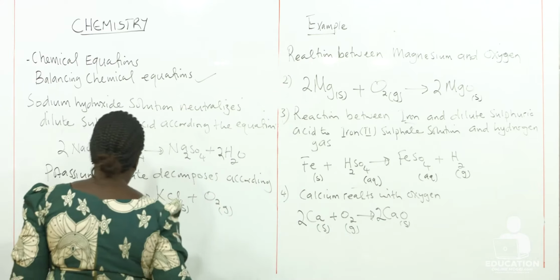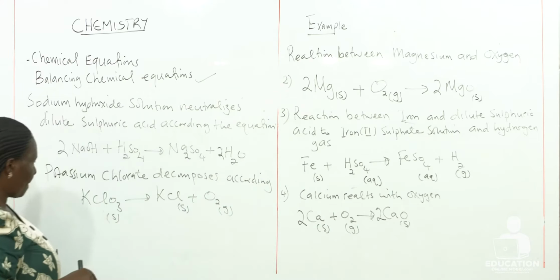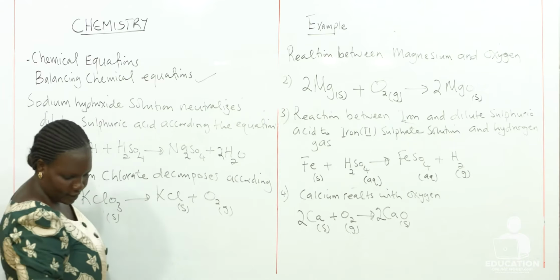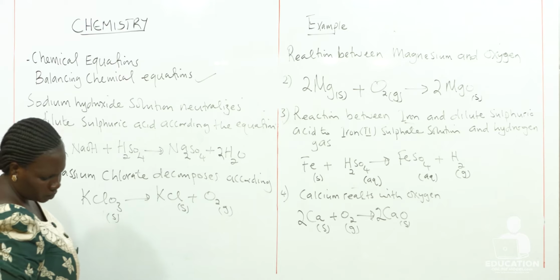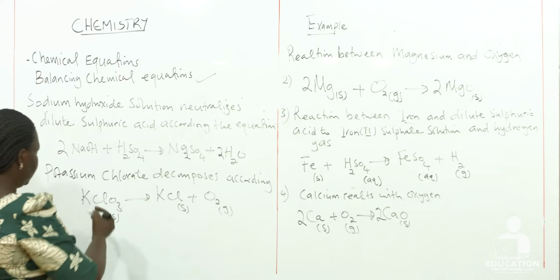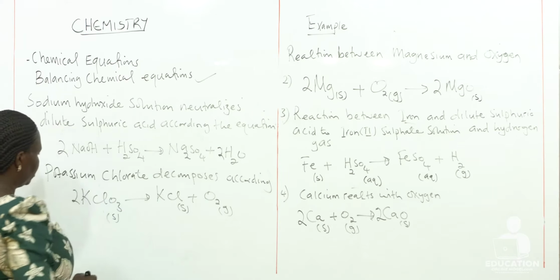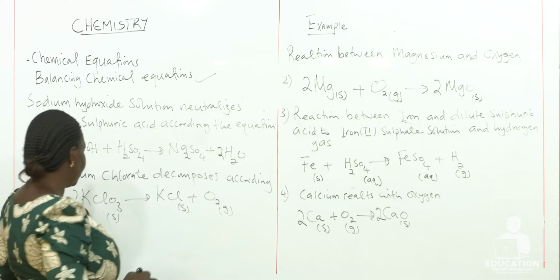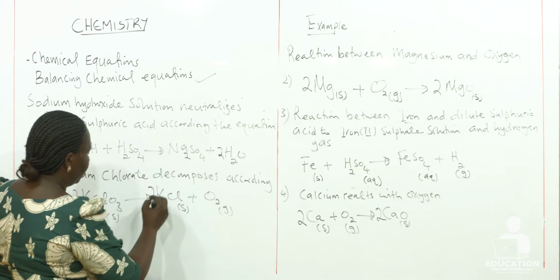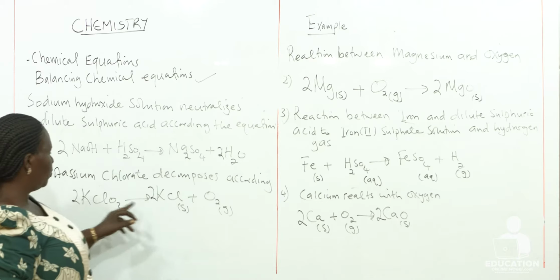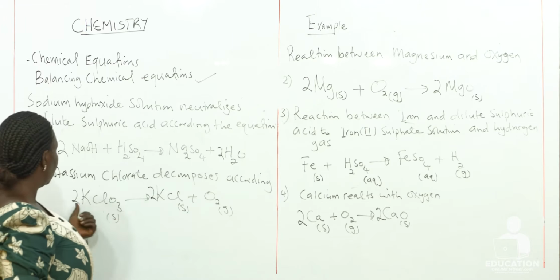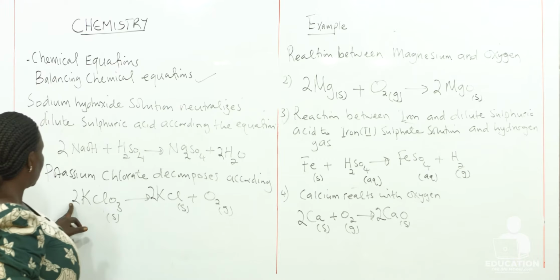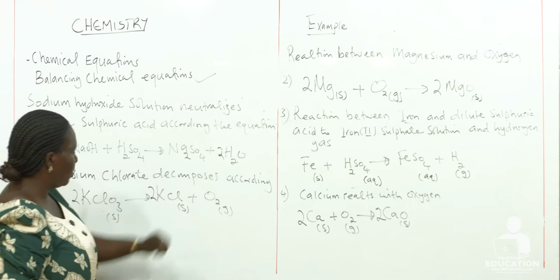So what we do first is we put 2. Then we have 2 potassium, and then we put here 2 also. We have put 2 potassium, 2 chlorine, but then the number of oxygen will rise to 6. 2 times 3 is 6, but here we have only 2.